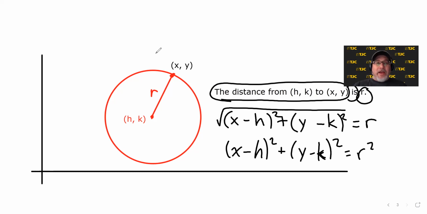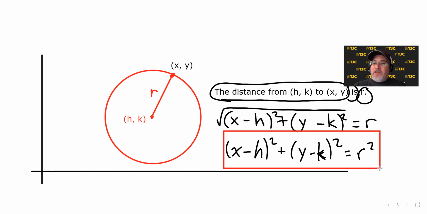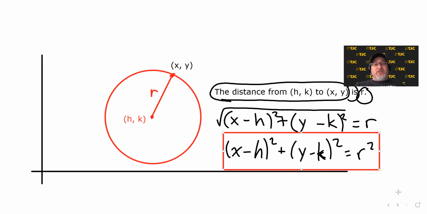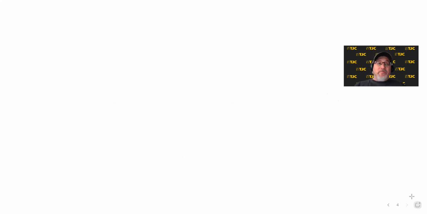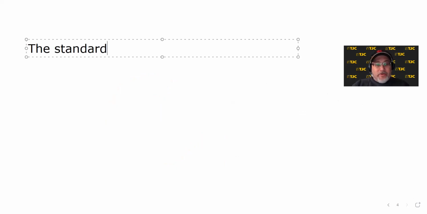And ladies and gentlemen, I present to you the standard form for the equation of a circle. If I invented things, I would call it the center radius form because it contains the center and the radius. So let's write this on the next page as our results. Let's bump the font size back up to 36. And here we go. The standard form of the equation, I can never type that word right.